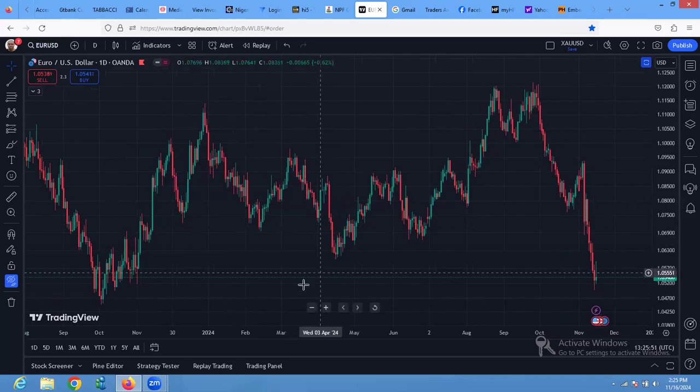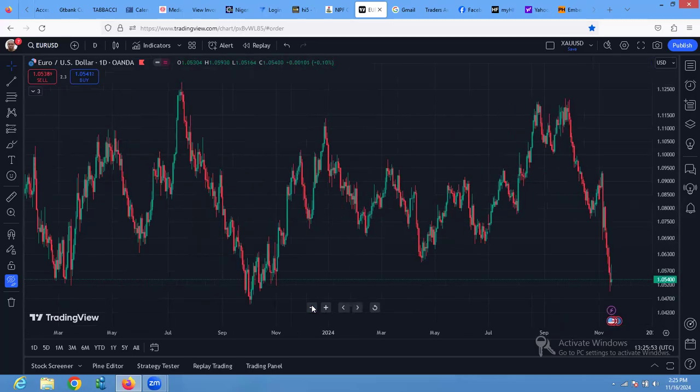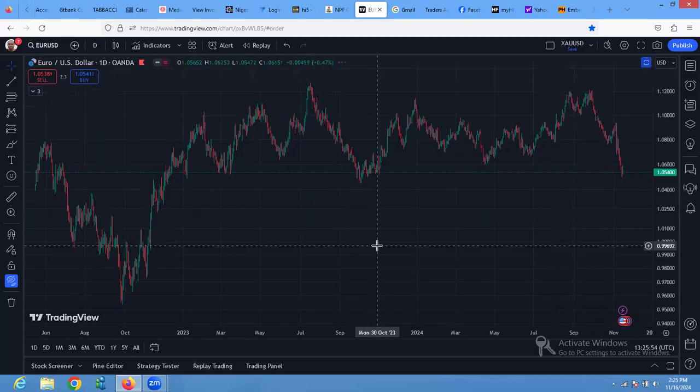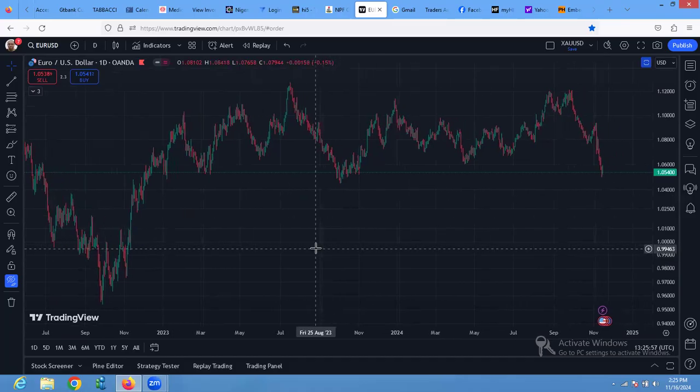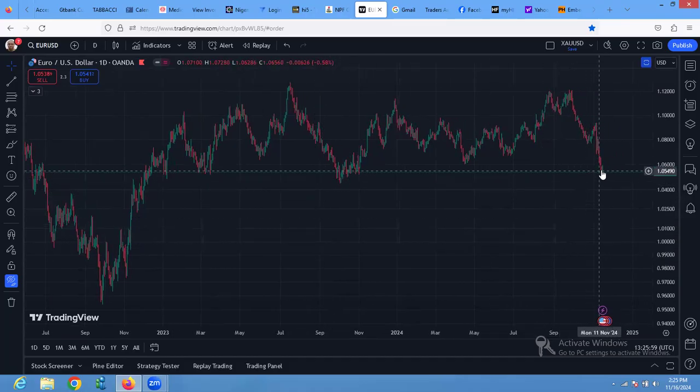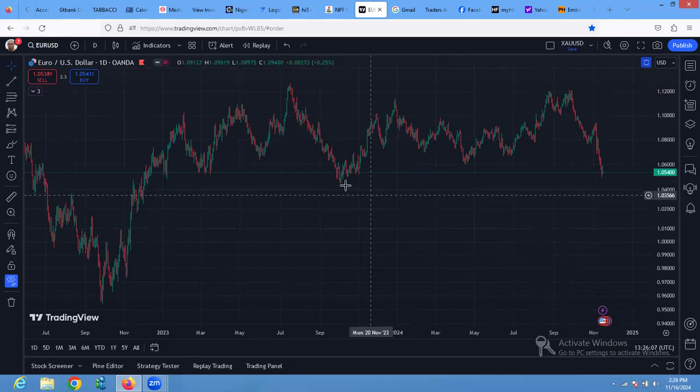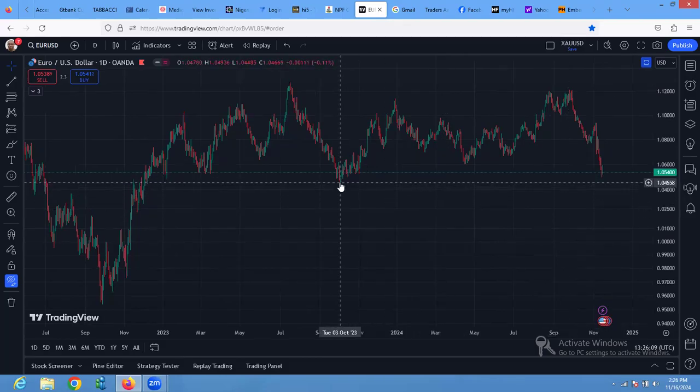So what I'm trying to say is that here also, it looks more likely that we are going to fall to the downside. Once we fall, we probably cap this area of the W here.